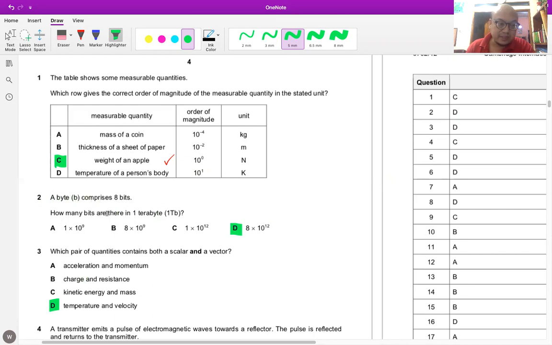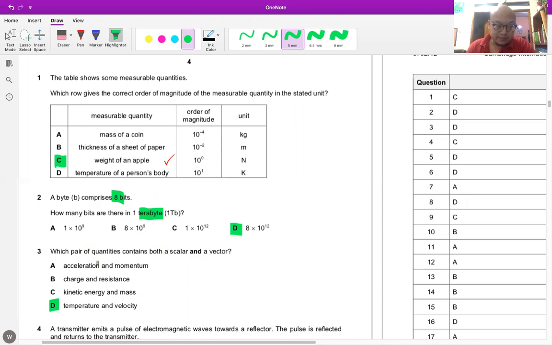How many bits are in a terabyte? A terabyte is 10 to the power 12 bytes. The answer is between C or D, but this is 8 bits per byte, so the correct answer is 8 times 10 to the power 12 bits, because 1 terabyte equals 10 to the power 12 bytes.